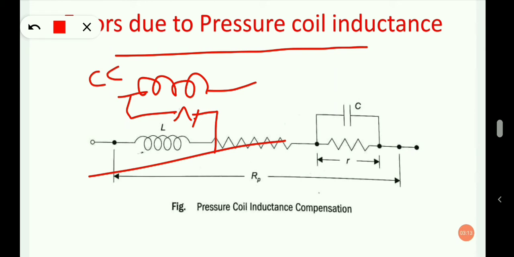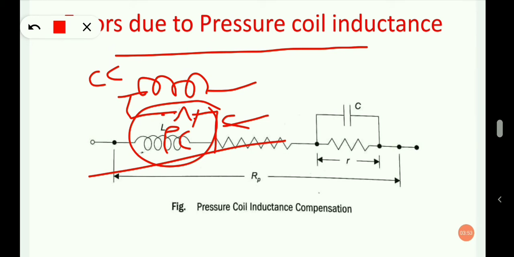So this is current coil and this one is pressure coil. However, if an inductance is present in this pressure coil, then current and voltage no longer remain in the same phase.